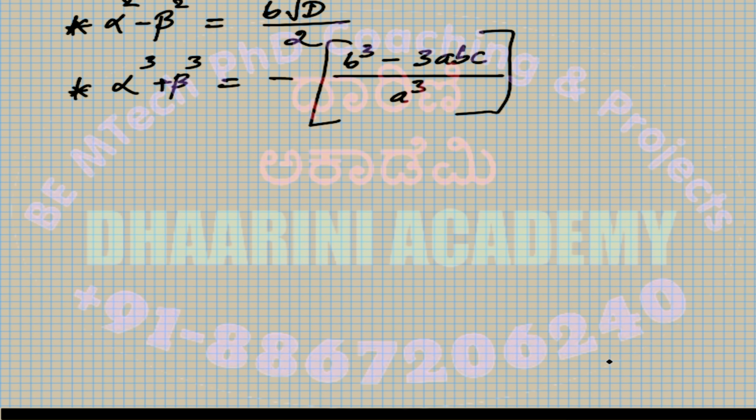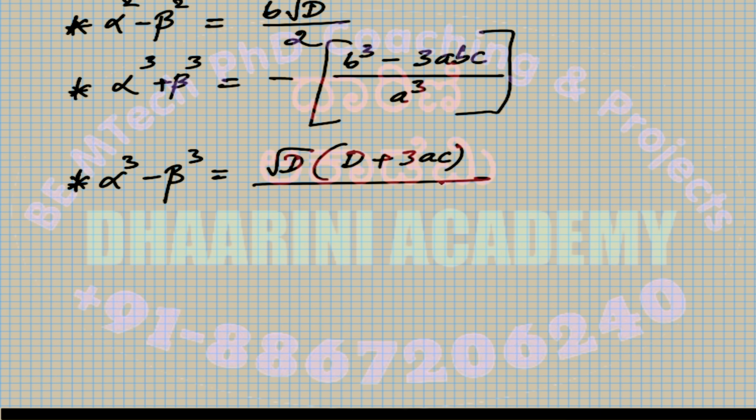Okay, moving on. If I want to calculate alpha cube minus beta cube, this has to be equal to root of d into d plus 3ac, all divided by a cube.